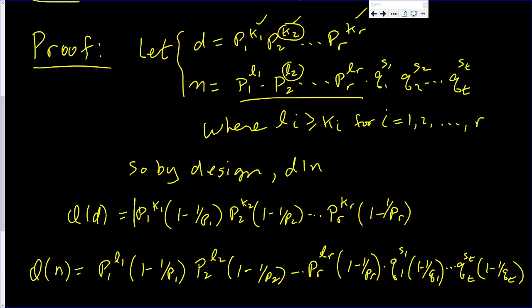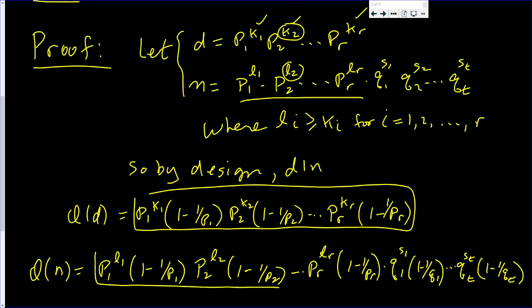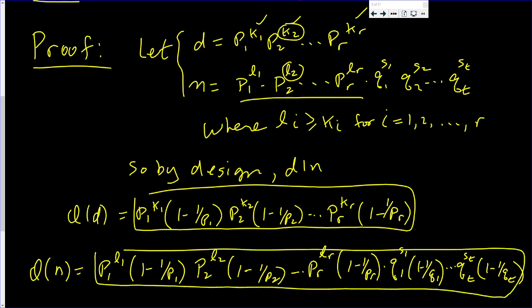It's pretty clear that this will go into that. These are the same, so that won't have any problem, and this goes into that, because that power L1 is at least as large as K1.